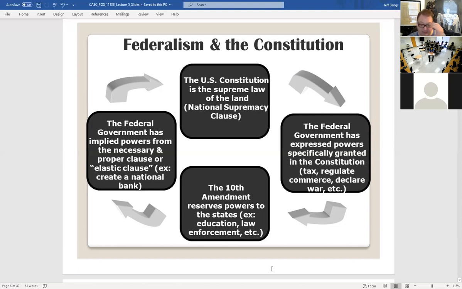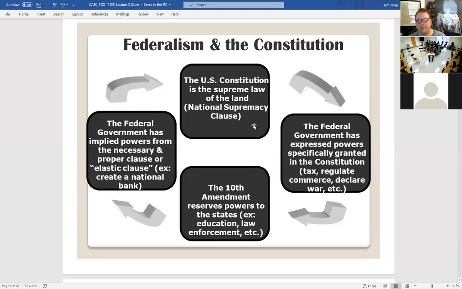The reason is because when the Constitution was written, we already had 13 state governments. And we had the Articles of Confederation, which basically made the states supreme.